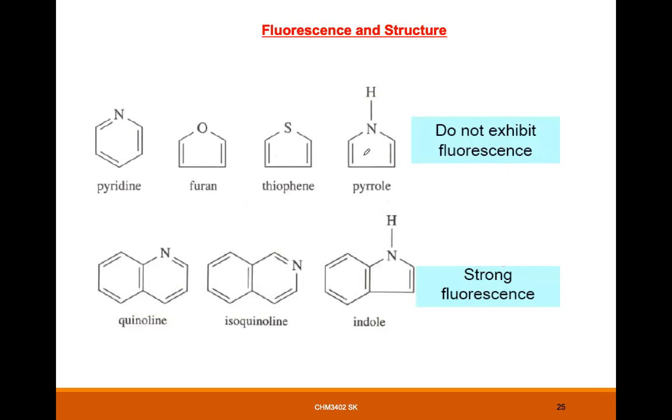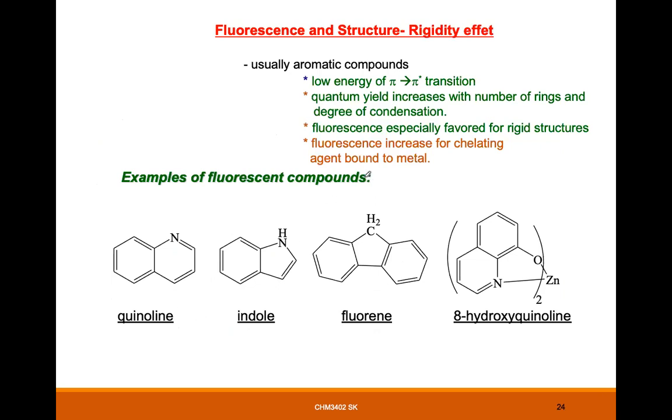So you can see that for fluorescence, even though you have chromophores, it does not mean that it can exhibit fluorescence. They are more rigid structures that can give out fluorescence. So that's why fluorescence, even though it's very selective and sensitive, is not commonly used because of the limitations. Not all compounds will exhibit strong fluorescence. And sometimes fluorescence increases for a chelating agent bound to metal.